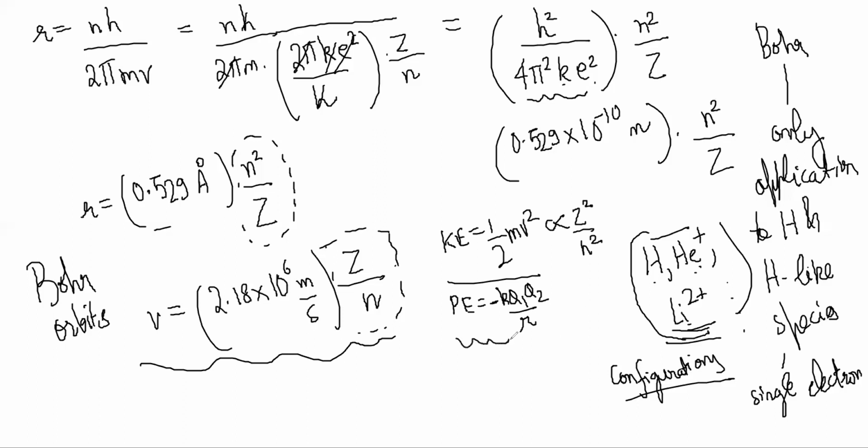This follows from electromagnetism. Right now you don't know it, but just take that on faith for now. We will learn it soon enough. So minus k Z e into e by r is the potential energy.